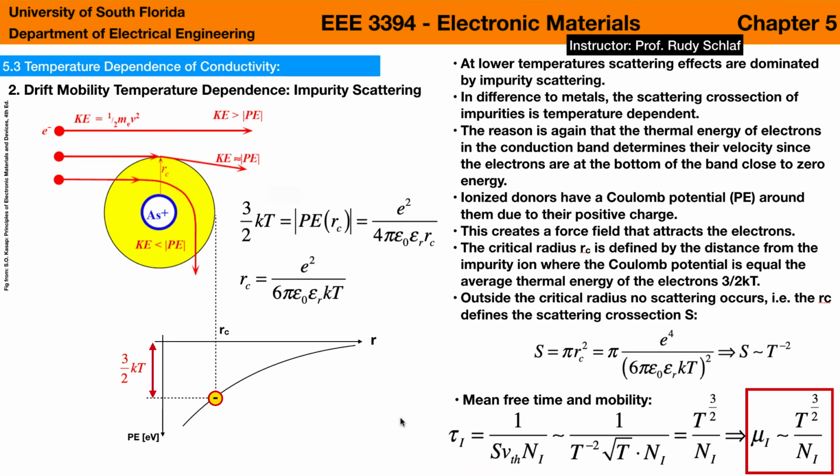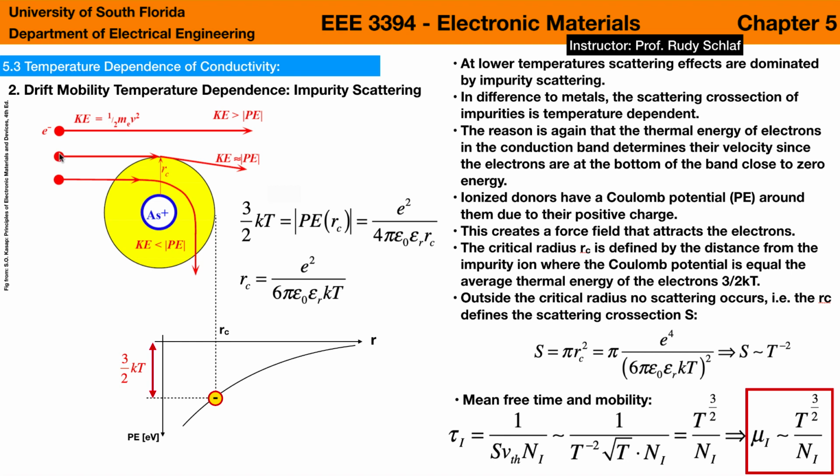Let's move on to the lower temperature range. At lower temperatures, like in metals, the drift mobility is limited by impurity scattering. Now, impurity scattering is different from scattering on lattice atoms because the impurities are ionized, and so they have a positive charge. And that means the electrons that come by here see a Coulomb potential.